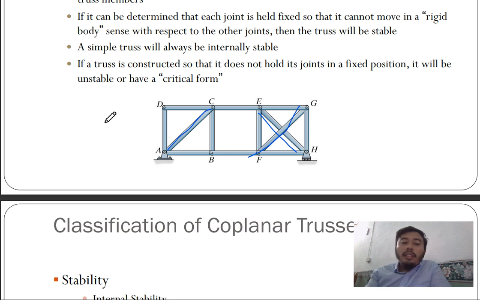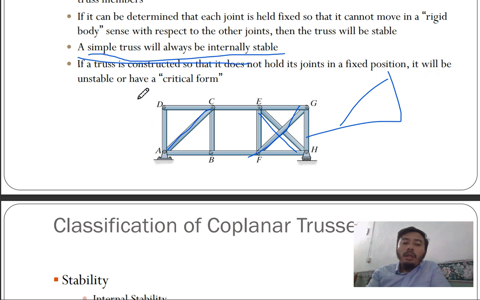A simple truss, a triangle, will always be internally stable. If a truss is constructed so that it does not hold its joints in a fixed position, it will be unstable or have a critical form.